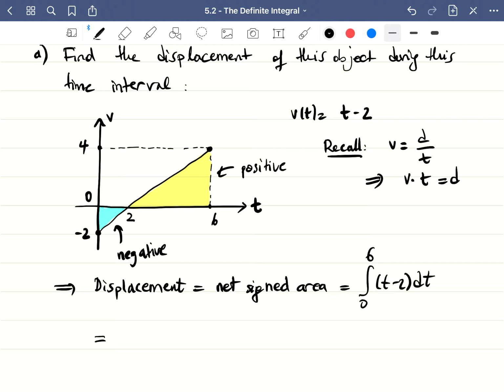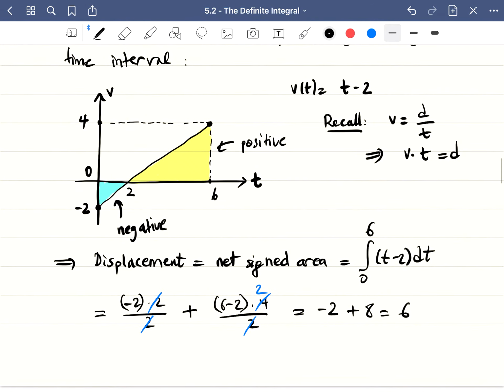Okay, so the blue area is negative 2 times 2 over 2, that's a triangle, plus 6 minus 2, which is 4, times 4 over 2. So this is basically equal to negative 2, because these cancel, and this also cancels that, so this is 2, plus 8, so this is 6. So the displacement is 6 units from the initial position.